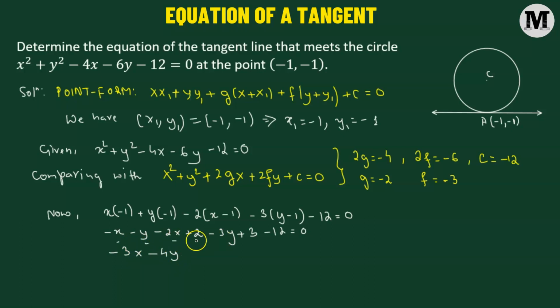So we are left with 2 plus 3, that's 5. 5 minus 12, that's going to be -7 equals 0. We're going to multiply throughout by -1 to get 3x plus 4y plus 7 equals 0. So this is the required equation of the tangent to the circle at the point -1, -1.